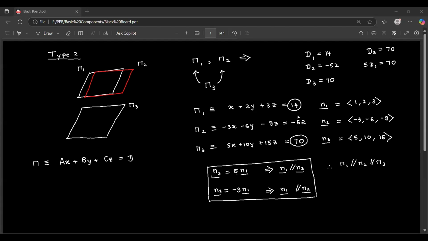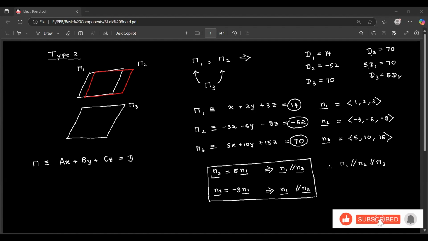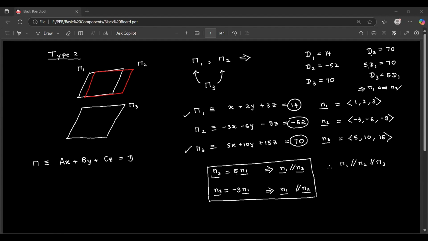This implies n3 is equal to 5n1 and d3 is equal to 5d1, which means phi 1 and phi 3 are the same equation. They are the same plane, or you can say they are overlapping.